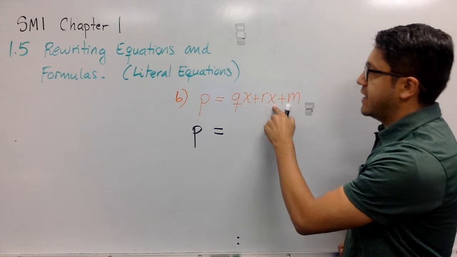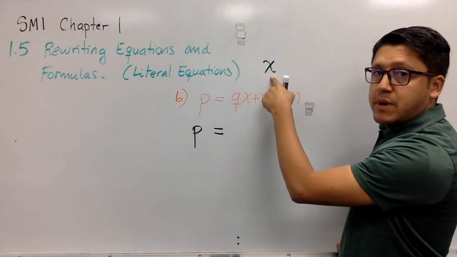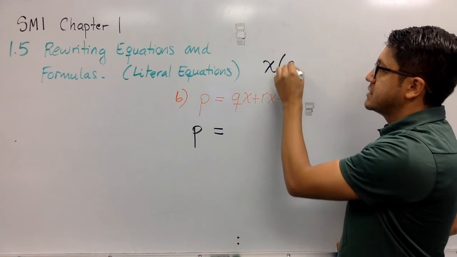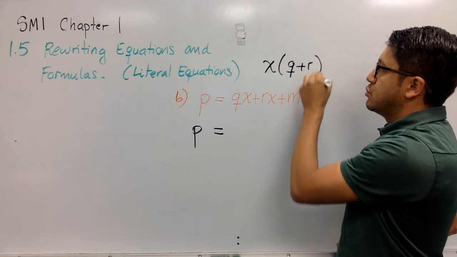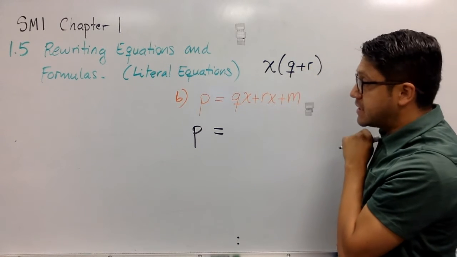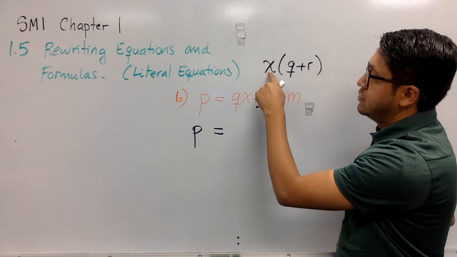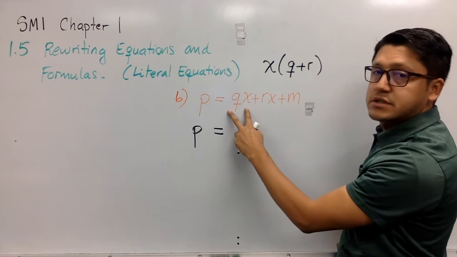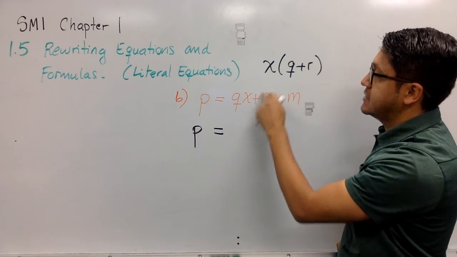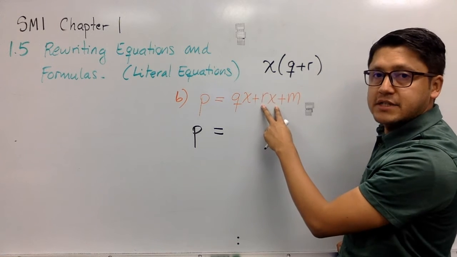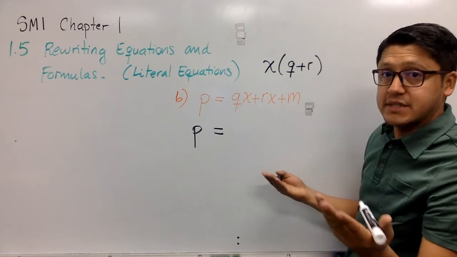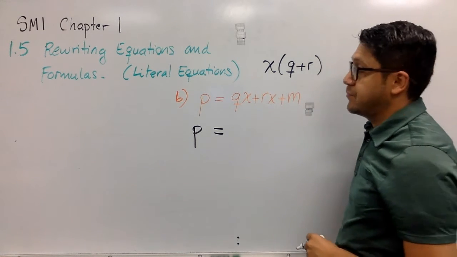Can you see that x could be the term outside that multiplies q plus r? Because if you do this x times q, it's qx, plus x times r is rx. So it's like reversing the process of a distributive property.